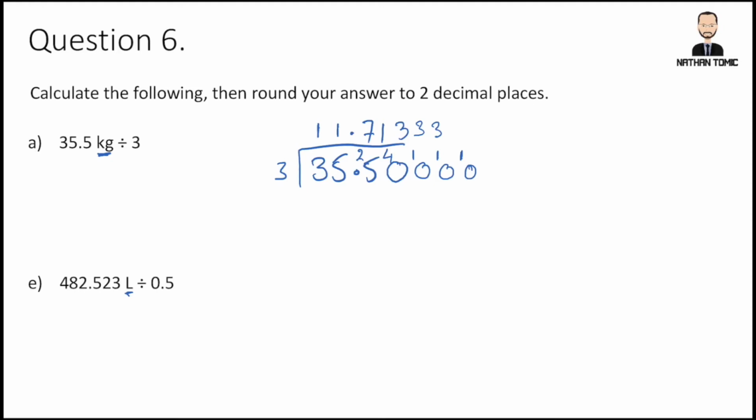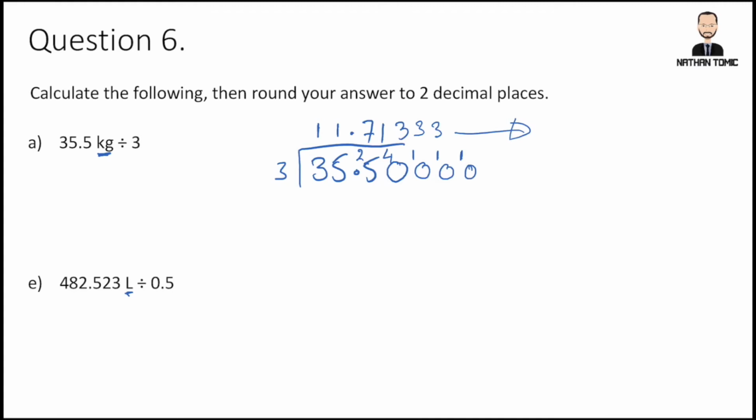What you're hopefully going to realise is that we've got this repeating pattern here. And if you were to put 35.5 divided by 3 in a calculator, you will get 11.71333, as many 3s as your calculator can provide you, which is why we now need to round this off to 2 decimal places. Okay, so really this is 3 continuous.